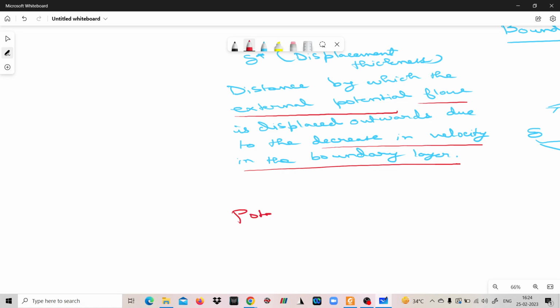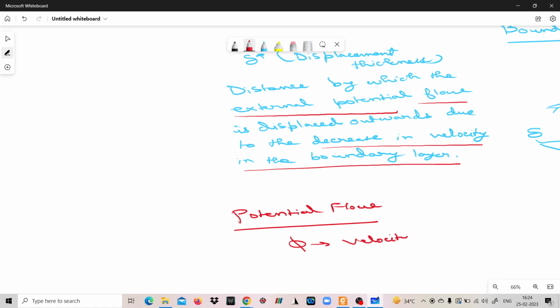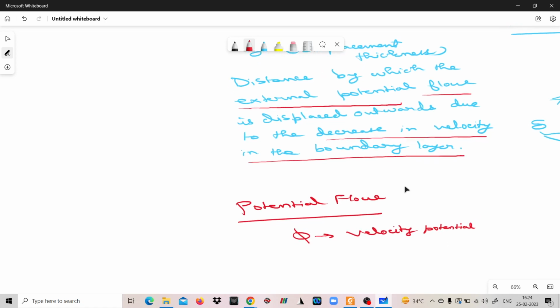So what is potential flow? In one of the live sessions, maybe live session for week 2, we discussed the concept of the velocity potential function phi. What was the definition of velocity potential function phi?